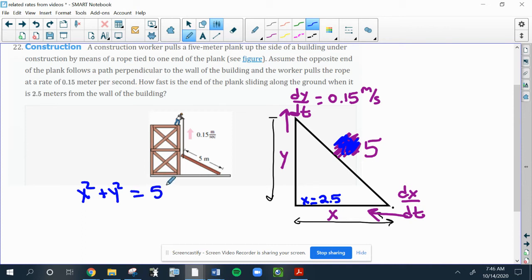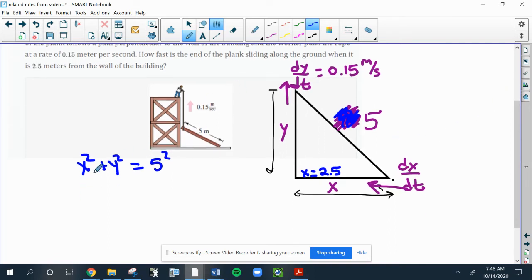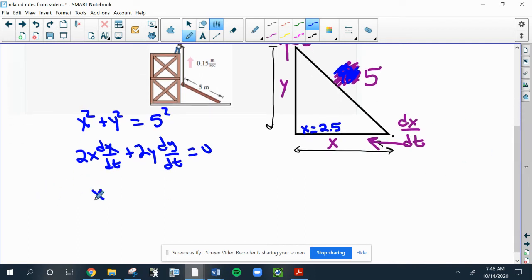See how I don't call that z? Because it's not changing. I'm going to create a related rates equation by differentiating with respect to t. So 2x dx/dt plus 2y dy/dt equals 0. I'm going to divide by 2 because I can.